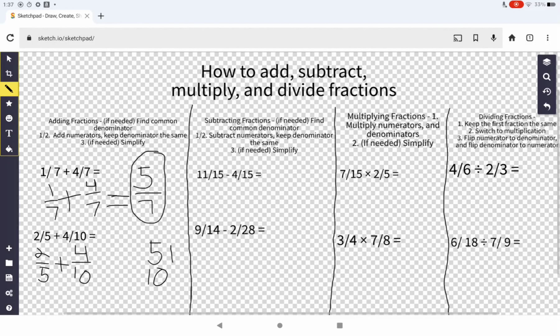I like to do the ones with the smaller numbers first, and we have a common multiple of 10. So we can rewrite this with a denominator of 10, and I'm going to write that a little bit smaller.